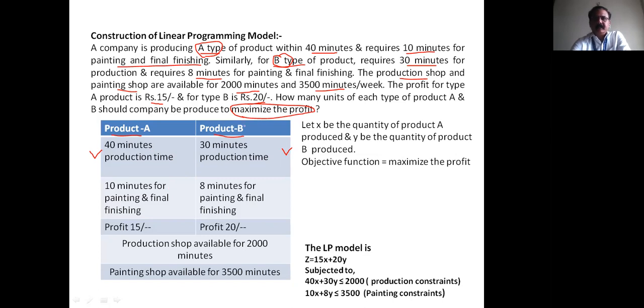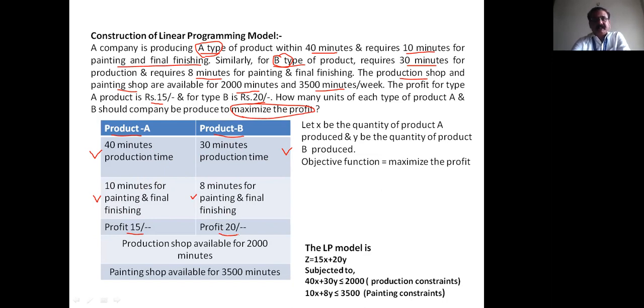If you read the next line, 10 minutes are required for painting and final finishing of product A, and 8 minutes are required for painting and final finishing of product B. Product A gives rupees 15 profit, and similarly product B gives a profit of rupees 20.